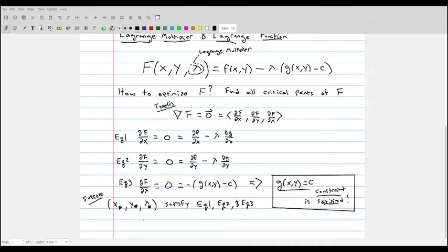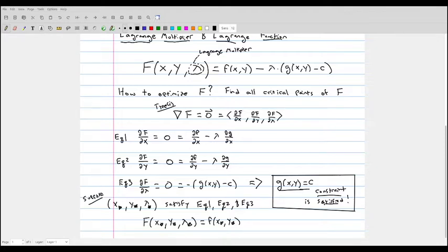Then also, if you look at the Lagrange function, the value of the Lagrange function at this critical point of capital F is going to be equal to the value of lowercase f at x star, y star. Because if equation 3 is satisfied, that means that g(x,y) minus c is 0. So at that point, this term is going to be 0. So the constraint is going to be satisfied, which means that x star, y star, lambda star could be a saddle point of the Lagrange function.